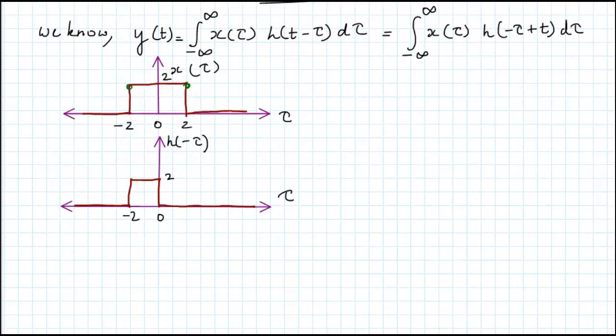The first thing that we have to do is shift this so far that the signals are just starting, or they are just meeting. So as you can see, at this point the signal x of tau and the signal h of minus tau, now since I have shifted it here, it is minus tau minus 2.